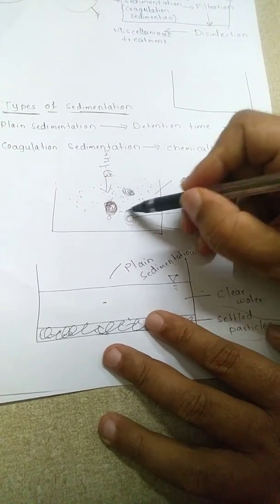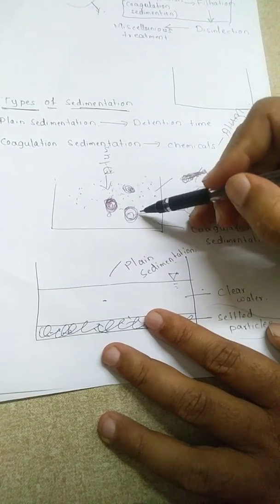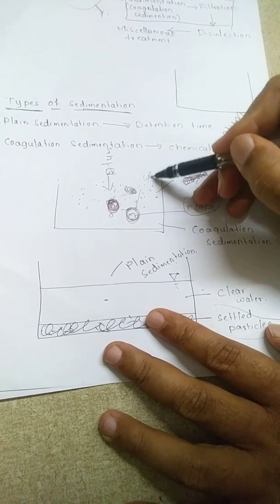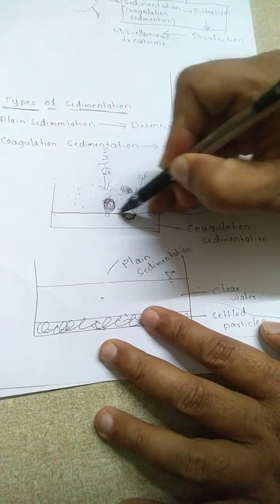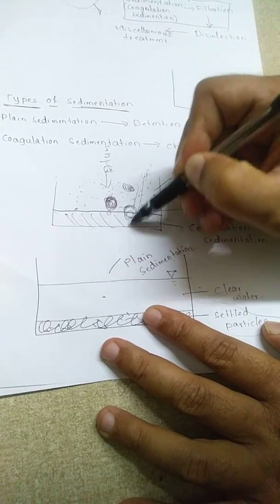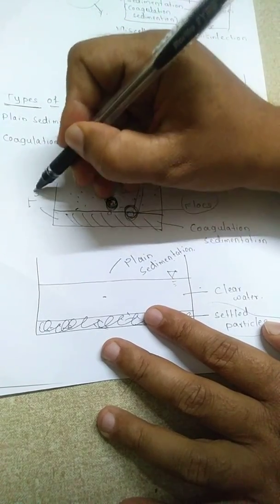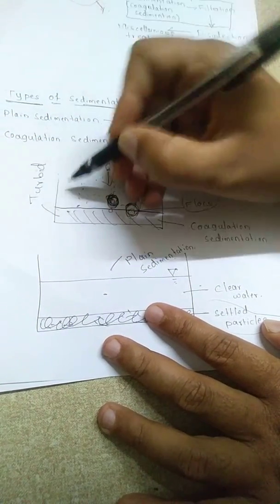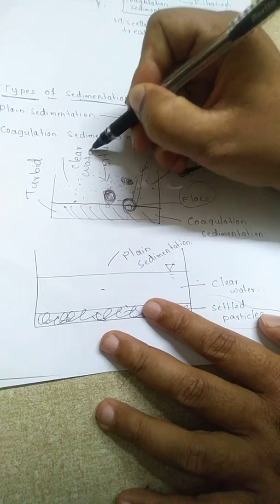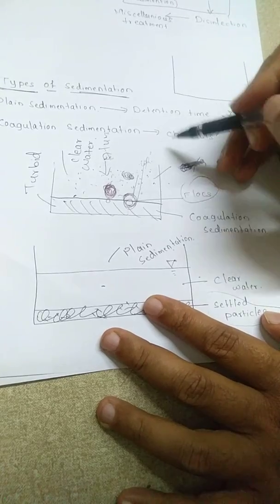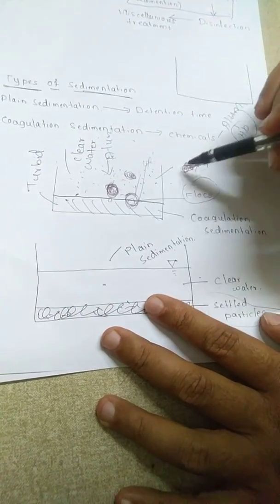When the ball-like structures are formed, what is going to happen? The specific gravity of these particles is going to increase and they are going to get settled down by their own weight. So it is going to give the turbid water at the bottom, and at the top we are going to have the clear water. So this is nothing but coagulation sedimentation.